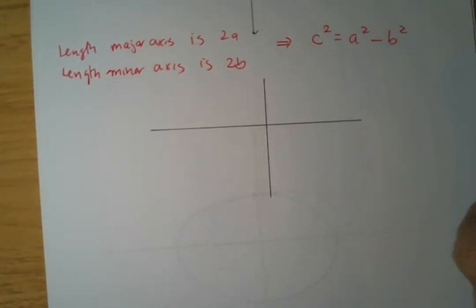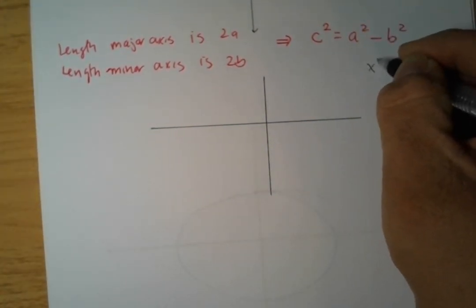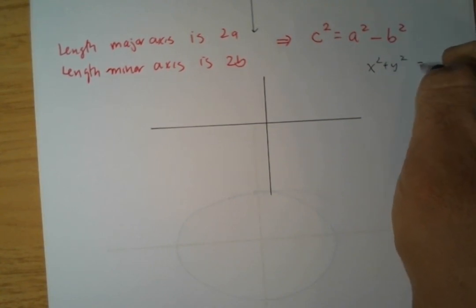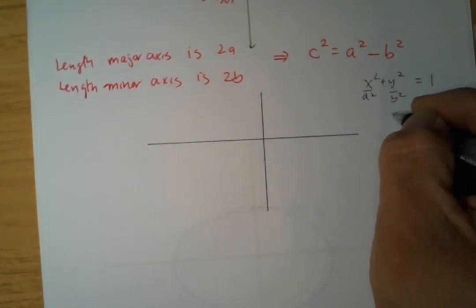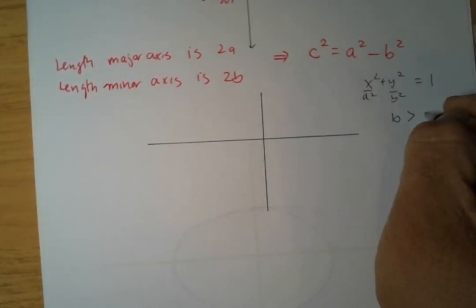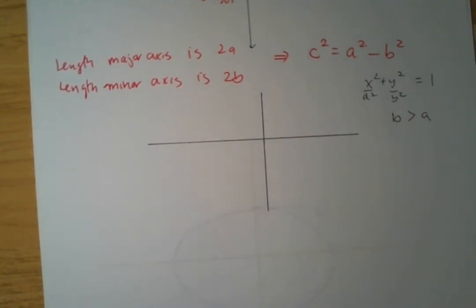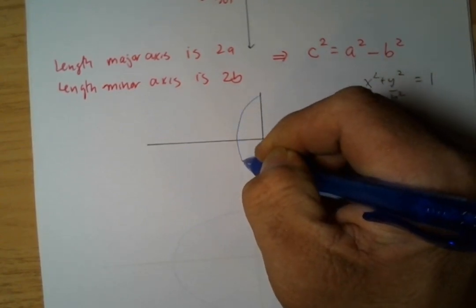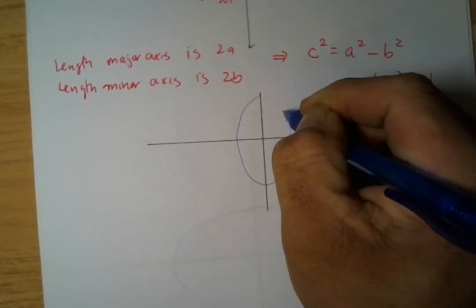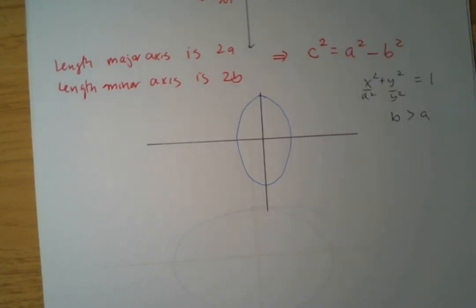So we're going to look at still an ellipse. Right, but in this case, we're looking at the situation where b is greater than a. Right, so now when that happens, we're looking at something that looks like this.